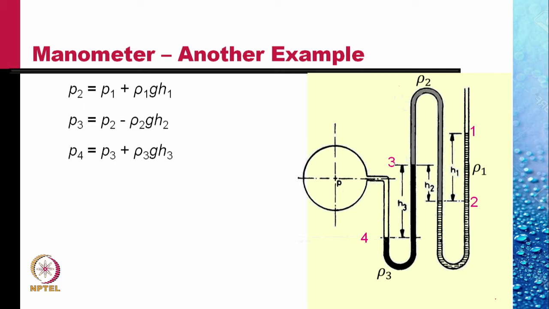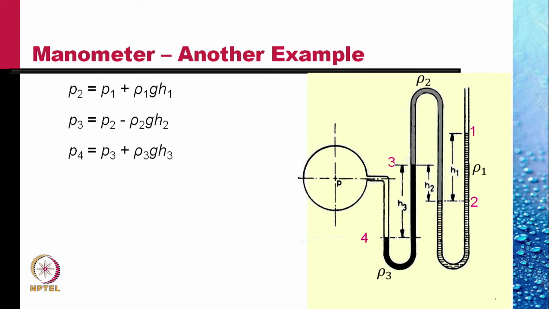And so the pressure in this middle limb at a level of point 3 would be the pressure at 3, and the pressure at 3 is lower than the pressure at 2 by an amount rho 2 g h2. So P3 can be written as P2 minus rho 2 g h2.